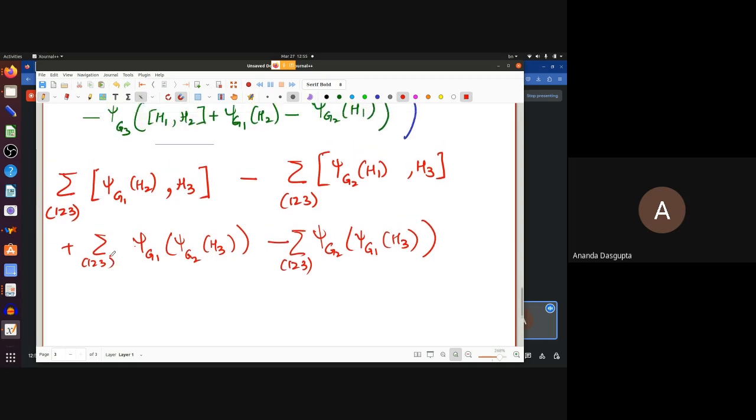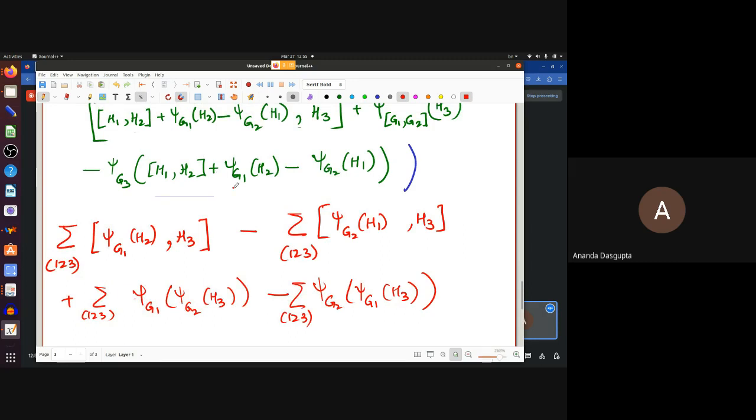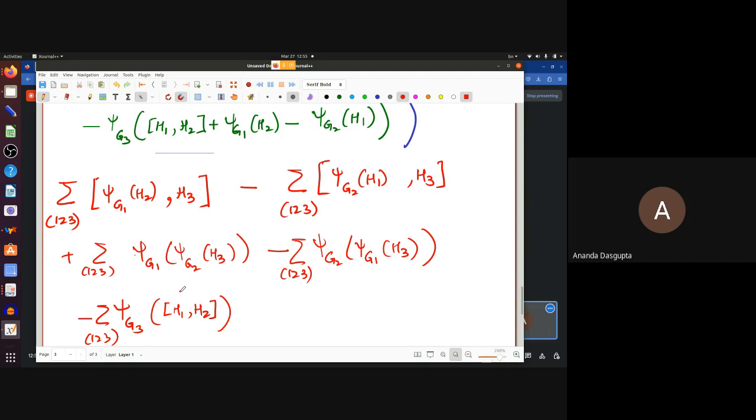Okay, but that's not all. Then you have these. Again, another permutation. If I were doing this in a pre-prepared slide, I would perhaps put different colors on all of these terms. Psi G3 acting on psi G1 H2.